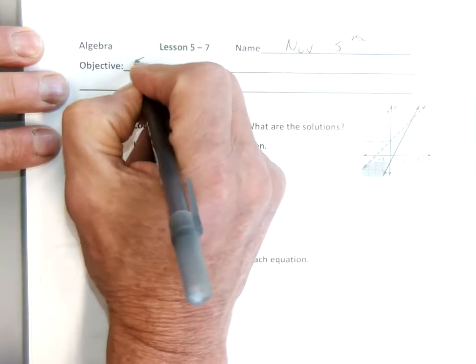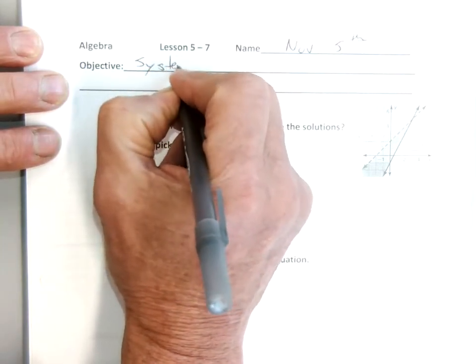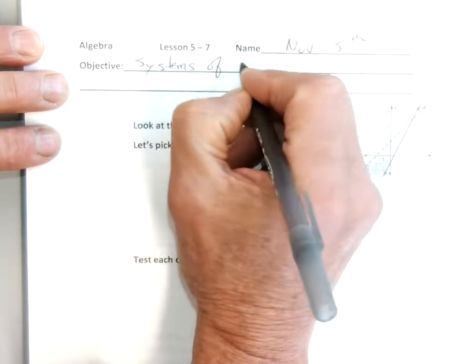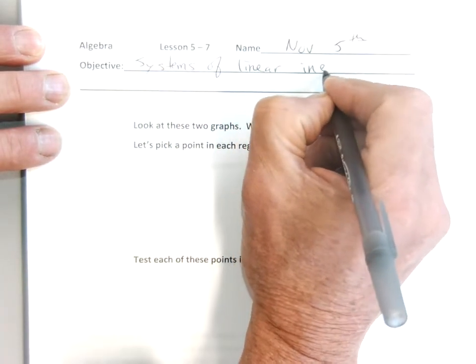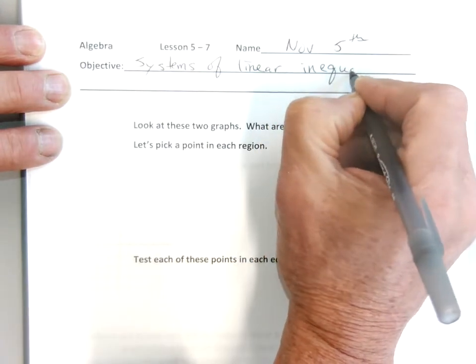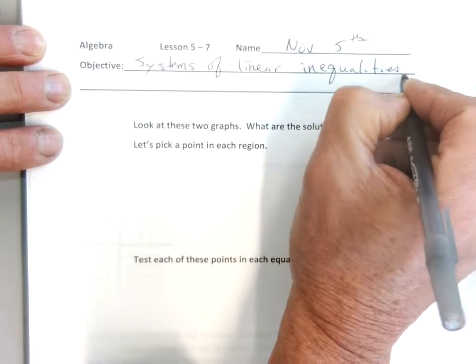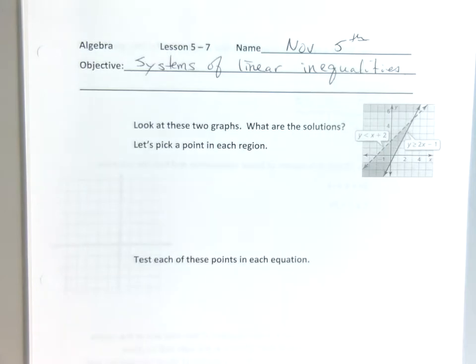So today's lesson is called Systems of Linear Inequalities. Math is full of all sorts of language, so let me put this into English for you. Systems means two graphs for us.